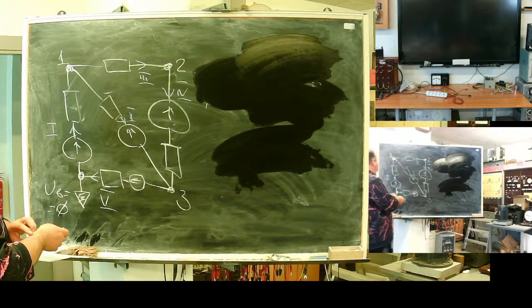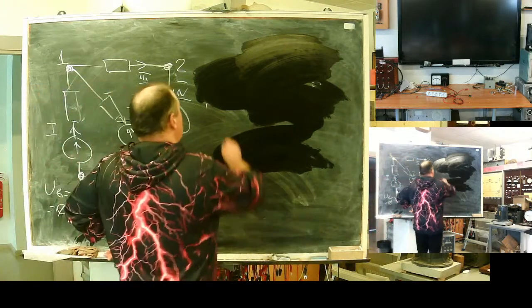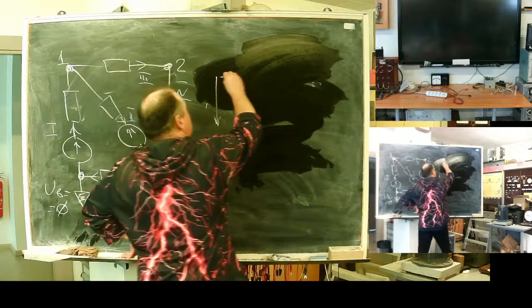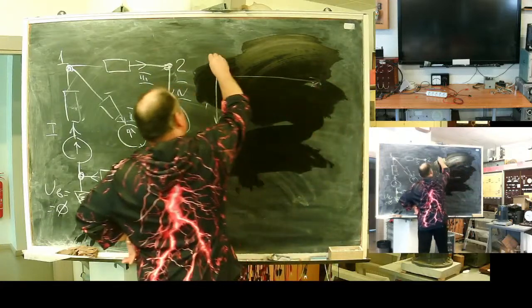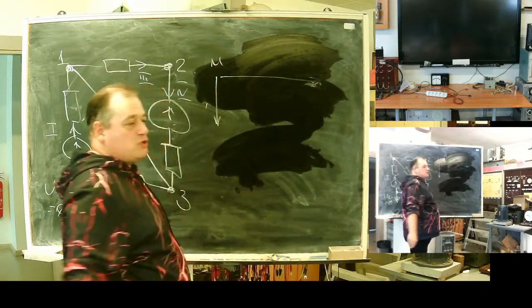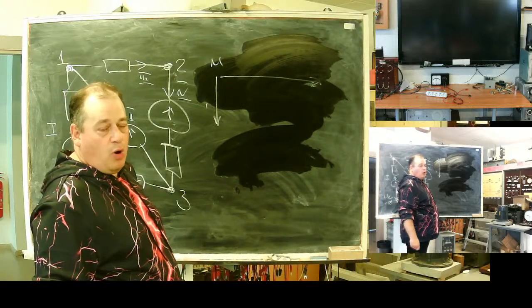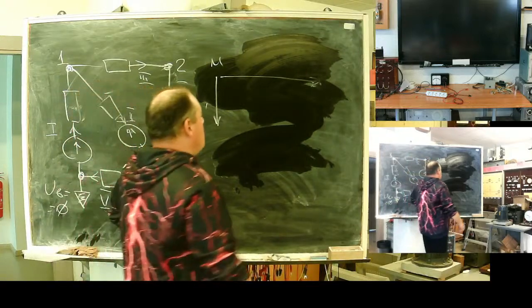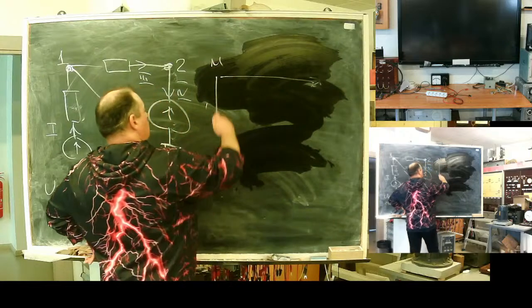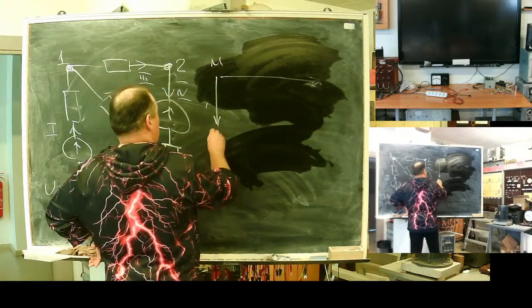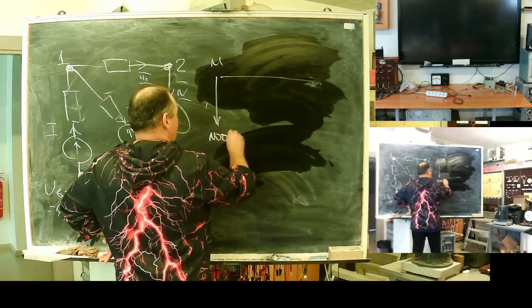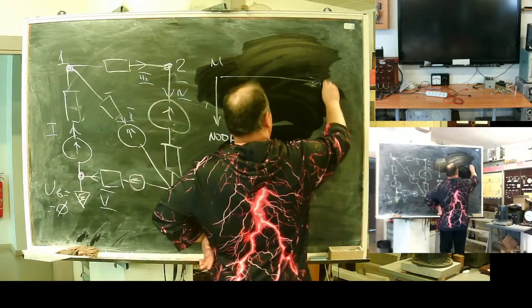So, how can I do it? I will need to create a matrix called the first matrix of incidence or nodal matrix. Row numbers will be nodes, column numbers will be branches.